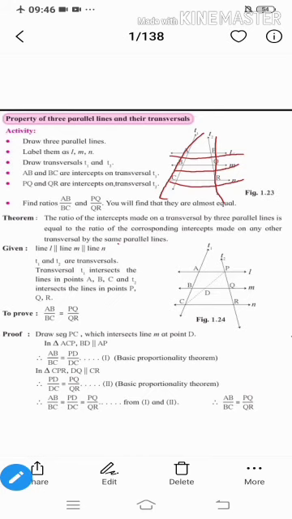So given is what? L parallel to M parallel to N, three lines are parallel.